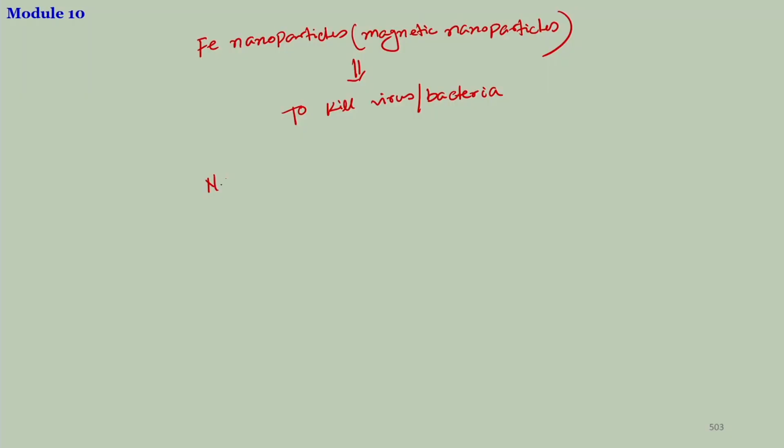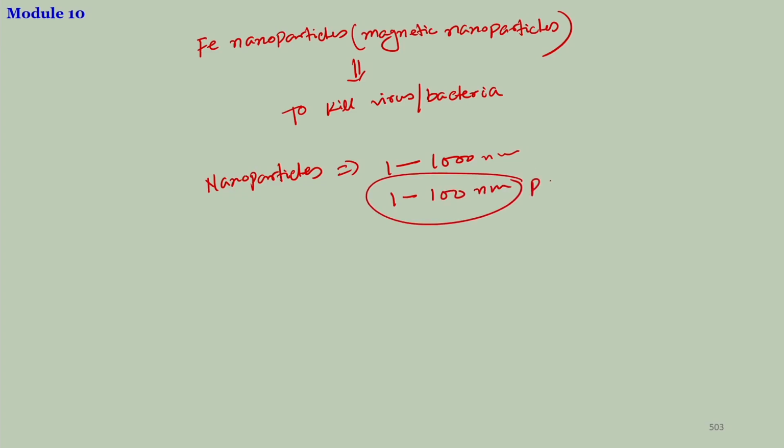So, now the question is how these nanoparticles are usually synthesized. As I have mentioned, nanoparticles usually have a size range of one nanometer up to 1000 nanometer, but for good biological activity, it usually should be between 1 to 100 nanometer particle size.